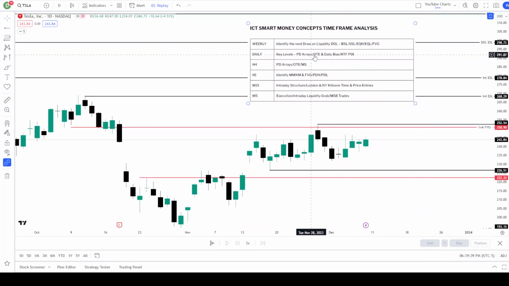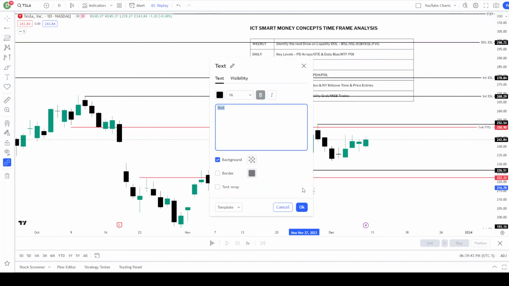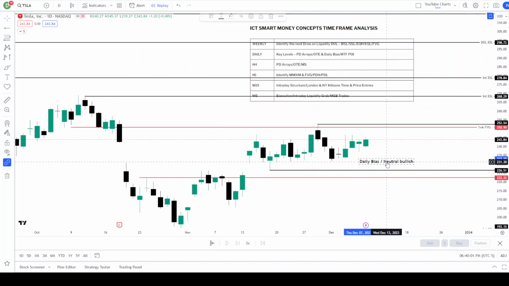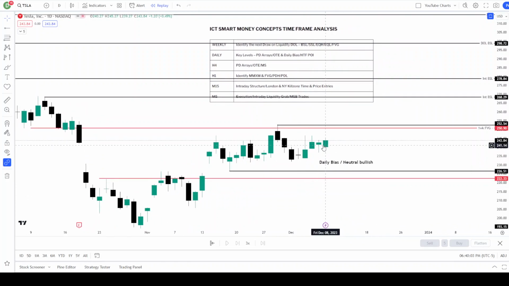All right, so next, let's go ahead and put in here daily bias: neutral. Oops. Neutral bullish. I'd say that's pretty close.